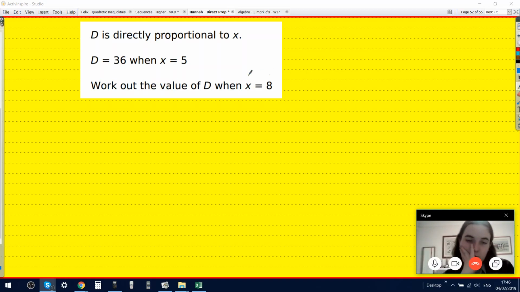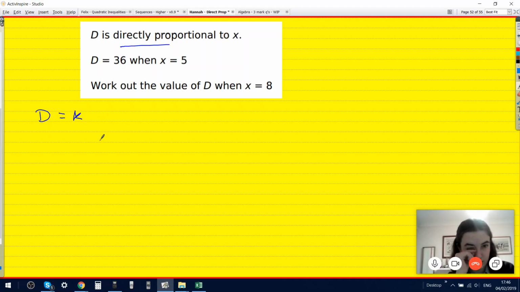D equals k over x. No. D times x equals k. Is that what you meant? No. If it's directly proportional, then it's equal to k times x.